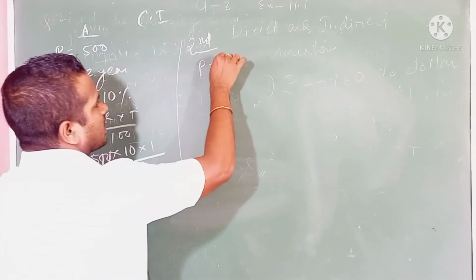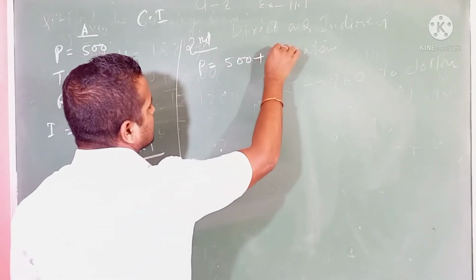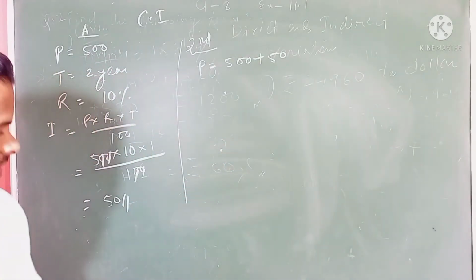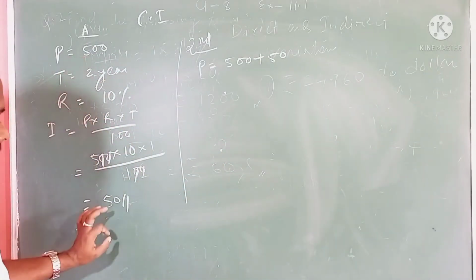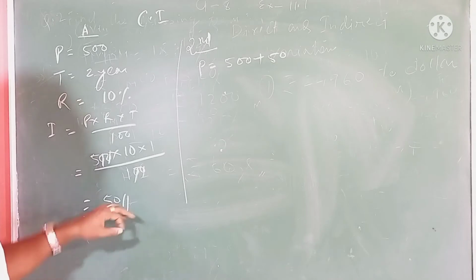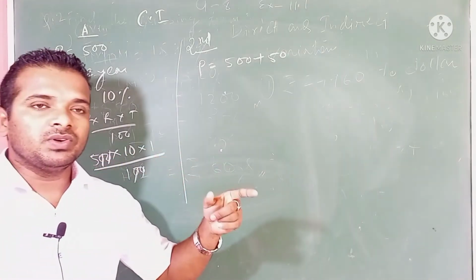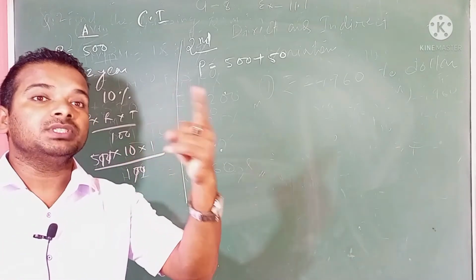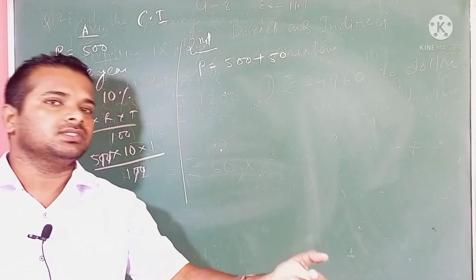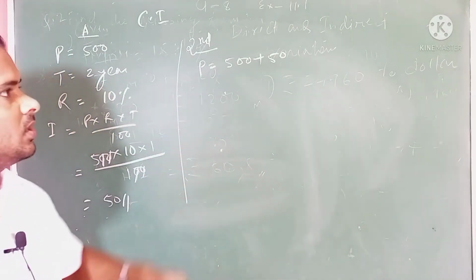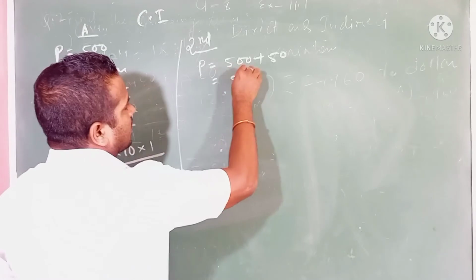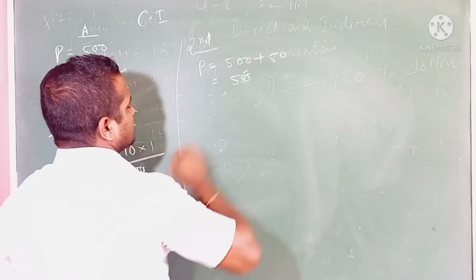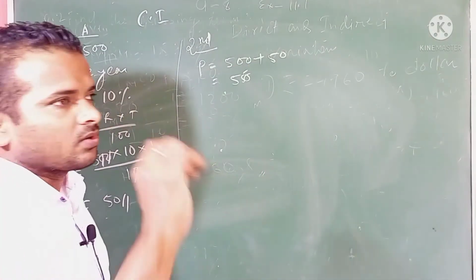Principal 500 plus 50. First year 500 and the 50 rupees is the interest. Now since it is compound interest, you have to pay the interest on principal and interest on interest of the last year. So total how much are we getting? 550.